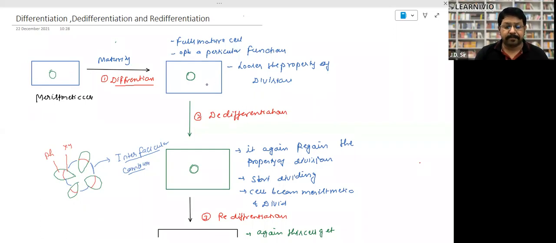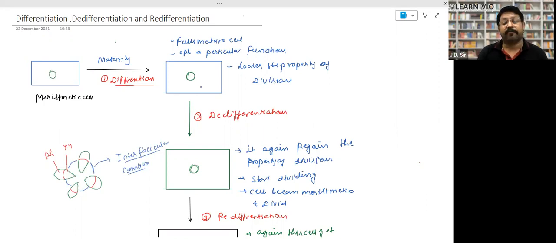Now these differentiated cells are a part of the leaf or a part of the stem. Now the stem or leaf gets damaged. What will happen? The cells have been assigned a particular job; they cannot divide. But if damage takes place, these cells again regain the capability of division.